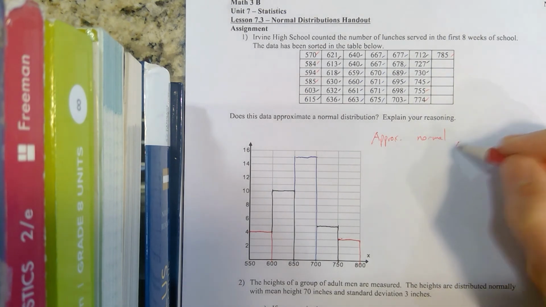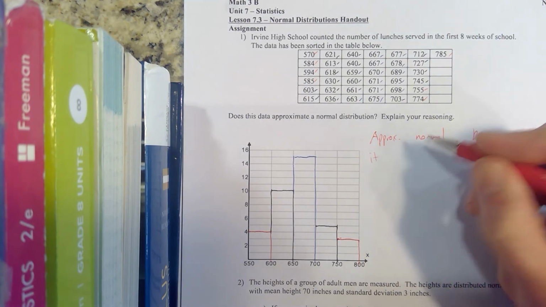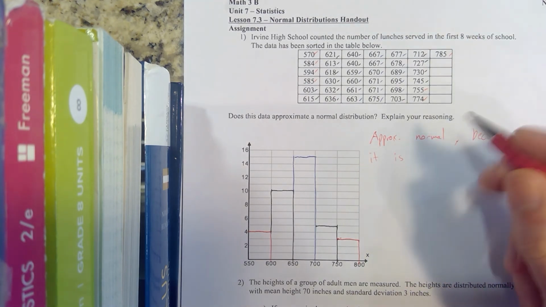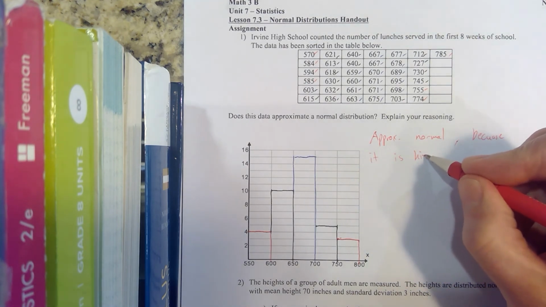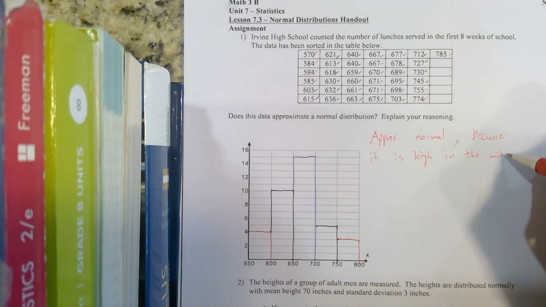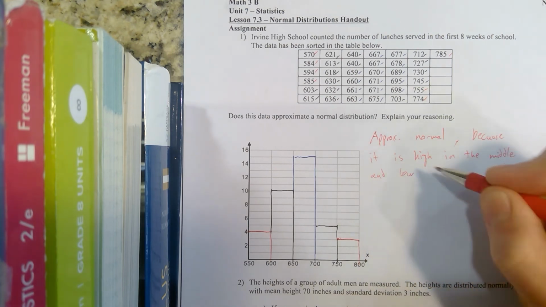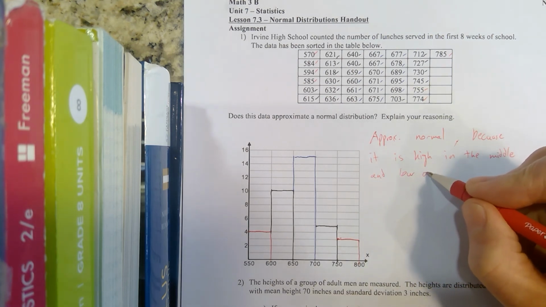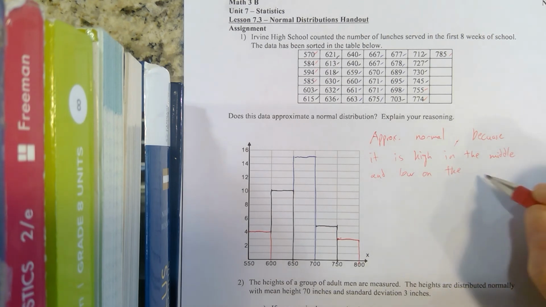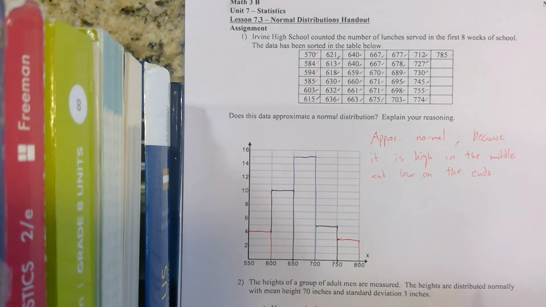Well, because it is high in the middle and low on the ends. Okay, you can talk about center and tails, or you can just be real simple like that. Good enough.